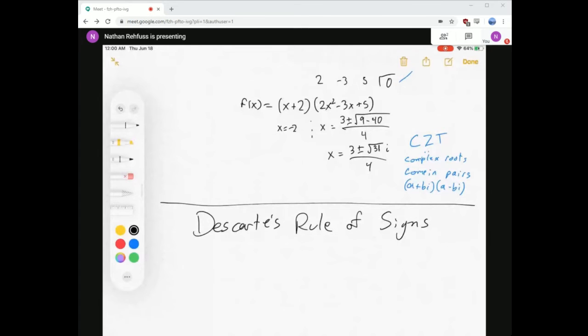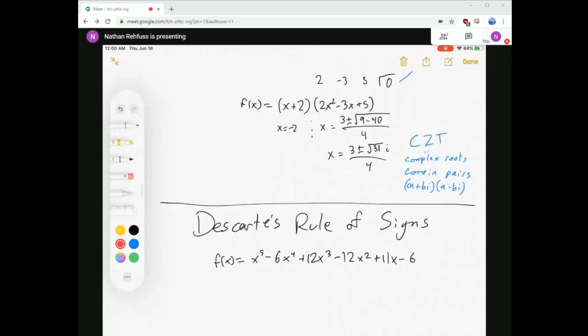So let's say f of x equals this. Why didn't I write this before I started the video? 11x minus 6. So here's our polynomial. What Descartes talked about is something called a sign change. And it's really simple.